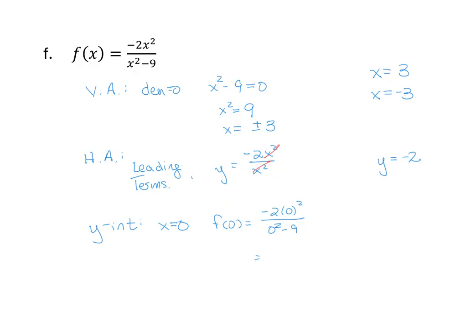The numerator, 0 squared is 0. You multiply it by negative 2, you still get 0. The bottom is going to be negative 9, and so this whole thing is equal to 0. And so our y-intercept is 0, 0.